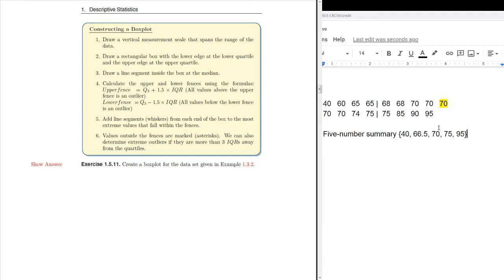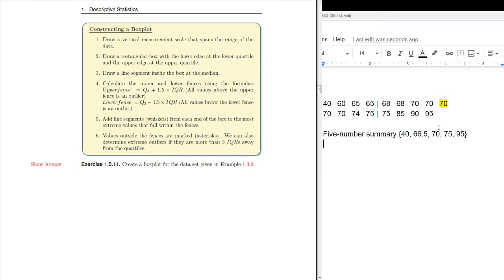So next we will calculate what are called the upper and the lower fences. Now note that these fences are not part of the box plot display, and they are just used to determine what are called the whiskers.